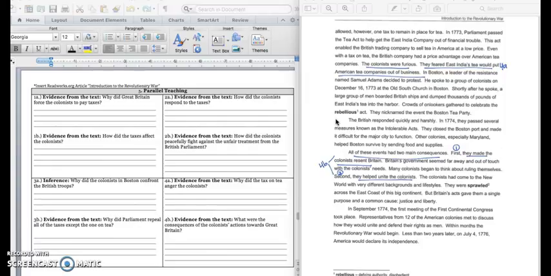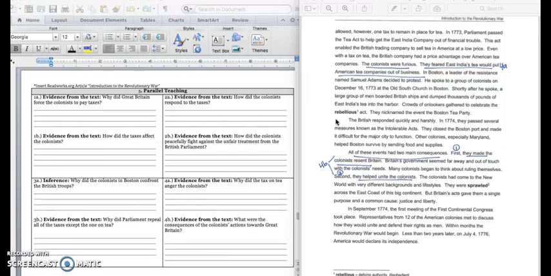All of these events had two main consequences. First, they made the colonists resent Britain. British government seemed far away and out of touch with the colonists' needs. Many colonists began to think about ruling themselves. Second, they helped unite the colonies.